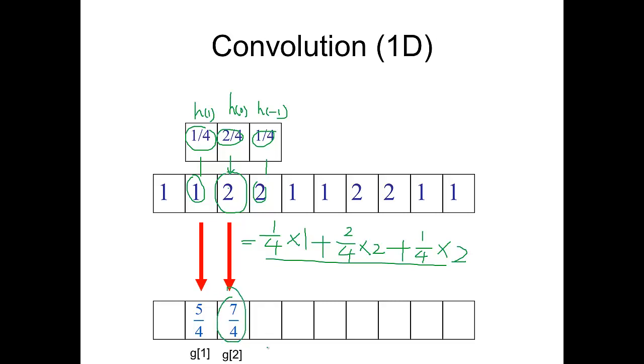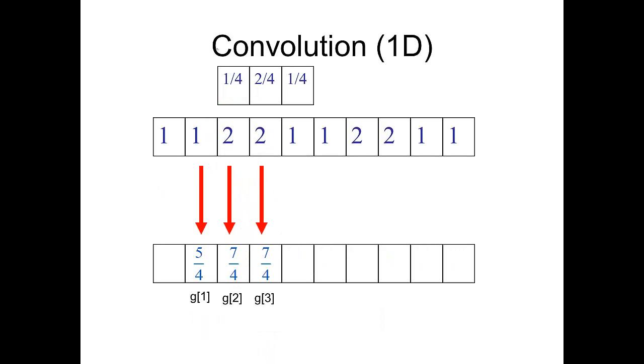If we want to get G3, do the same. First do the shift, make H0 point to F3. See here, this is F3, still this is F0.